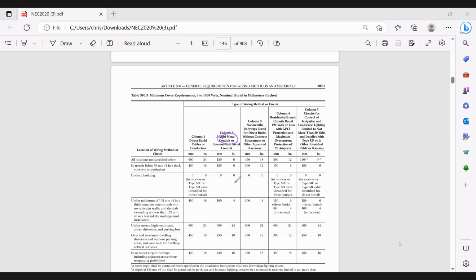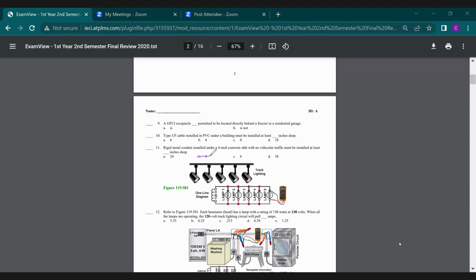That's the big one that they added in, no vehicular traffic, and that is row 4 right here. Under a 4-inch thick slab, no vehicular traffic, 4 inches. We can take this info, go back over to the review, and we have B, 4 inches.